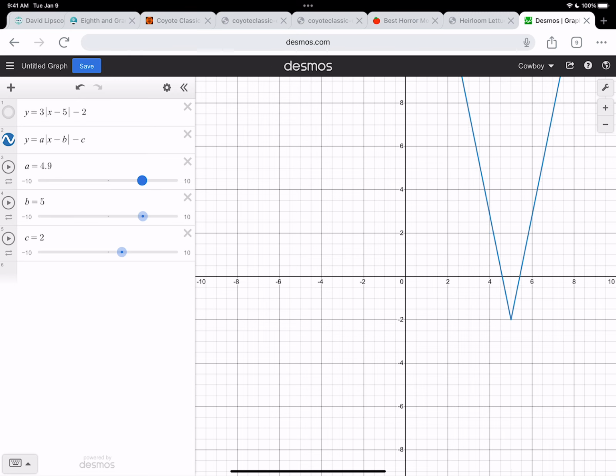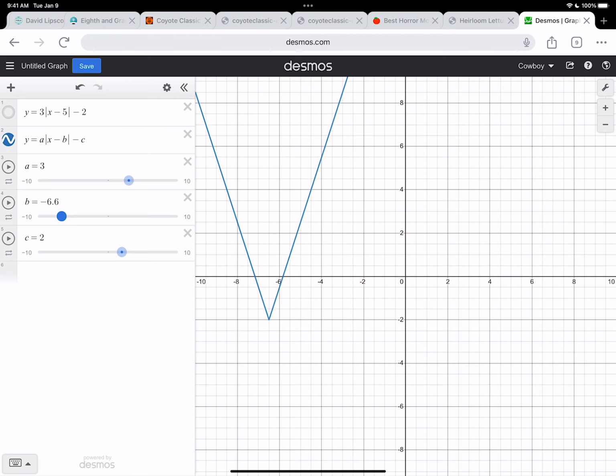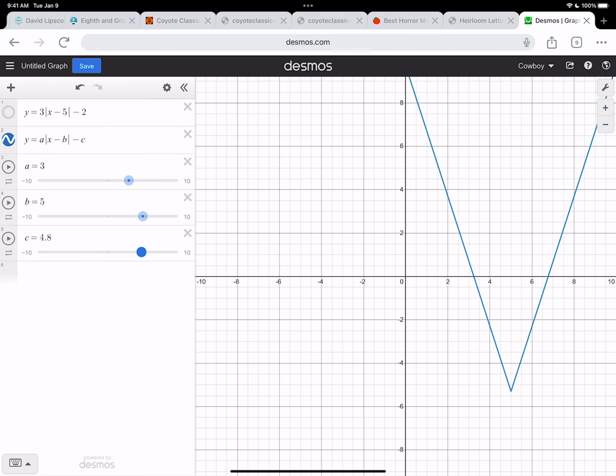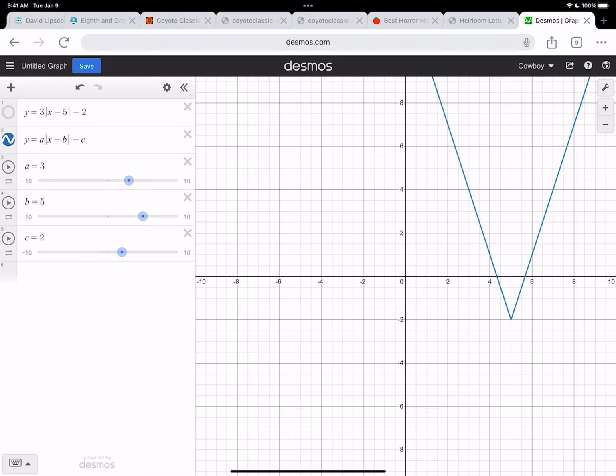Look at that. The smaller A is, the fatter it is. Bigger numbers, skinnier. You can do this too. It's Desmos.com. You can just type this stuff in and watch. So if B is 5, it just moves it left and right. And then C being a 2, this just moves it up and down. So that's a cool way to really see what's going on there.